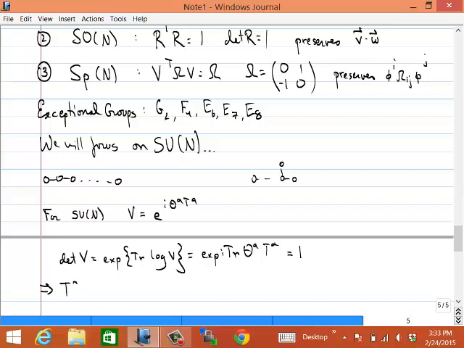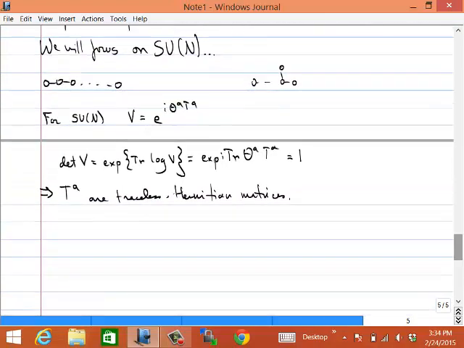So that implies that the T^A are traceless Hermitian matrices. So if you want to count the dimension of SU(N), which I'll just call D, we just need to count the number of traceless Hermitian N by N matrices.